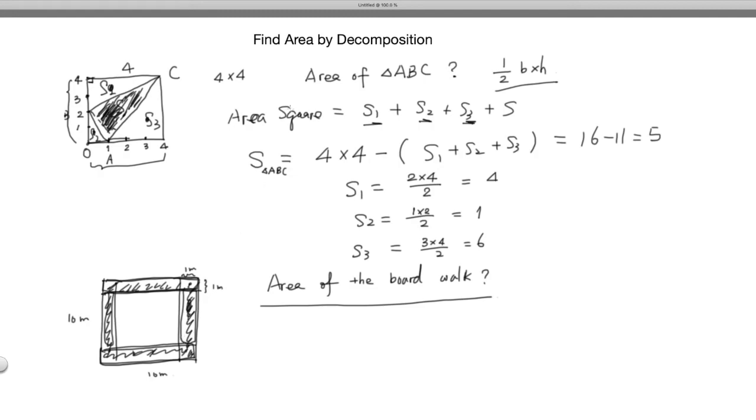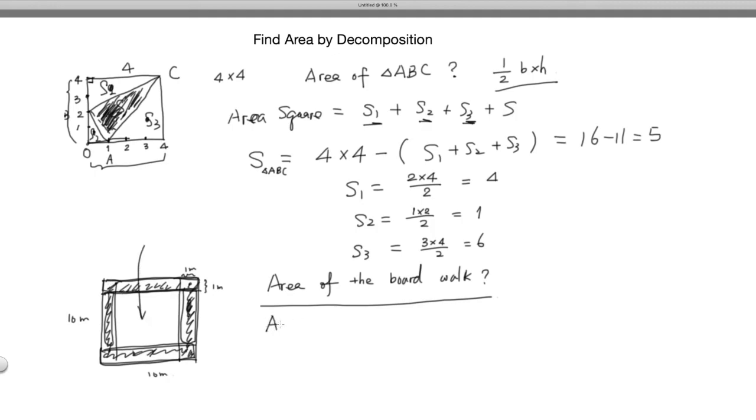A different way, if you find area by decomposition by doing subtraction, is to realize this boardwalk is just the whole area of this big square minus the area of the square inside.